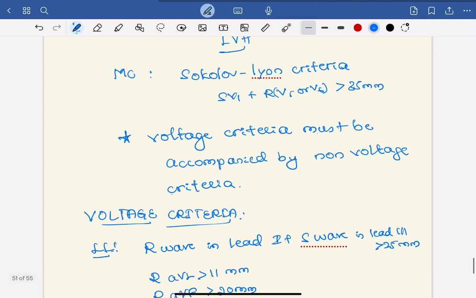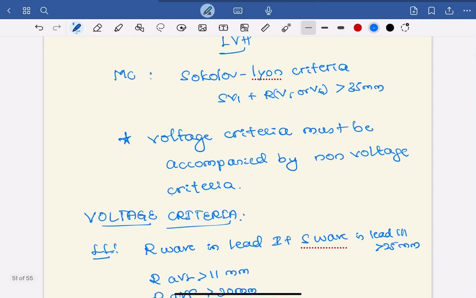One thing you have to remember is that the voltage criteria must be accompanied by non-voltage criteria. So what are these voltage criteria? Let's look at those.